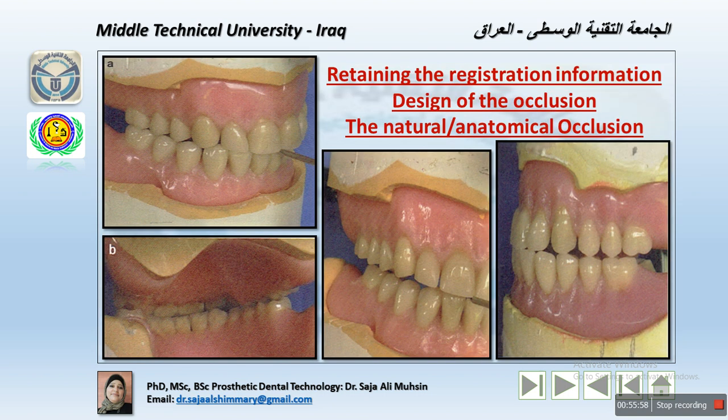In the natural anatomical occlusion, the upper teeth are placed in their natural position, slightly buccal to the crest of the ridge. Okay, slightly buccal to the crest of the ridge.